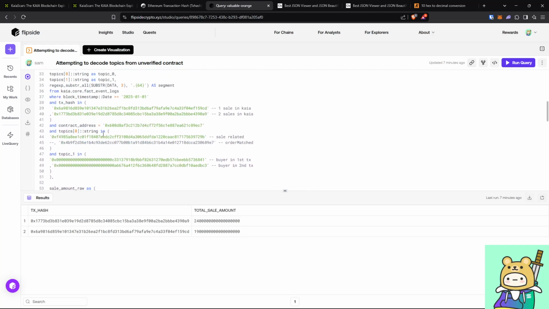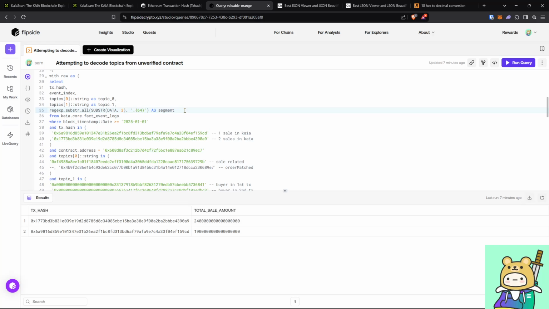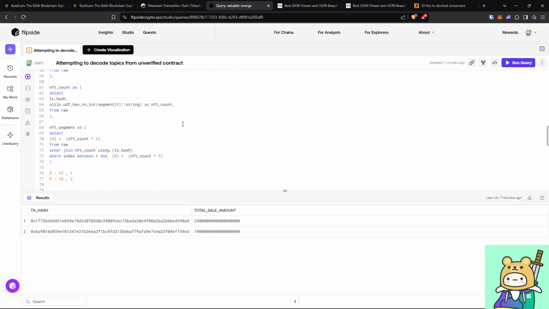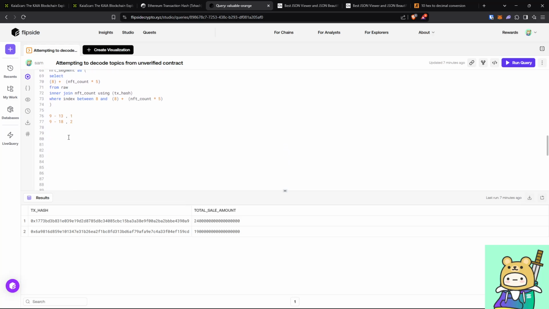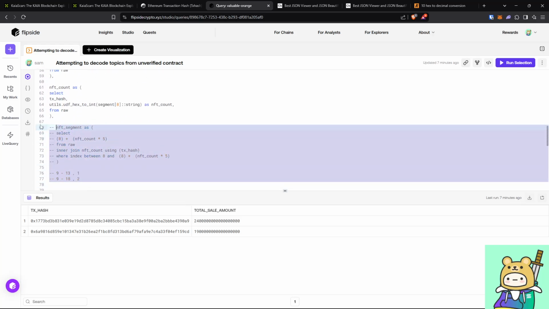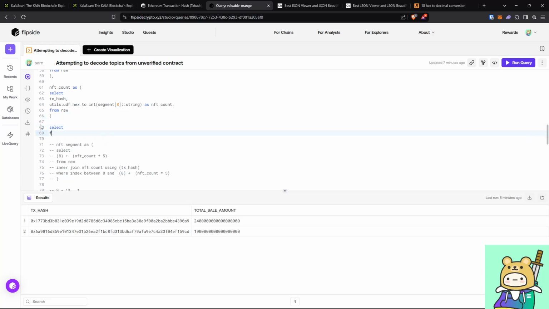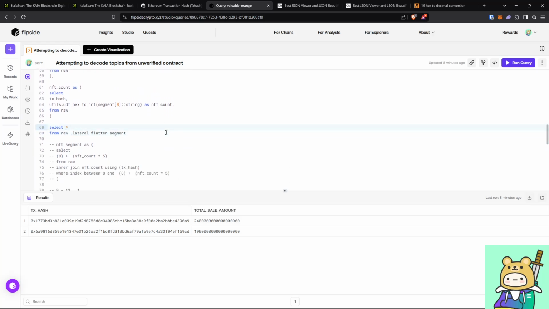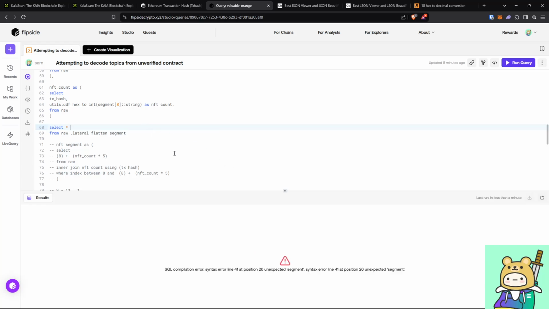So that means I just need to add a row number here. I need to flatten. Okay, I'm just gonna try it out. Raw, flatten segment. See what I get.